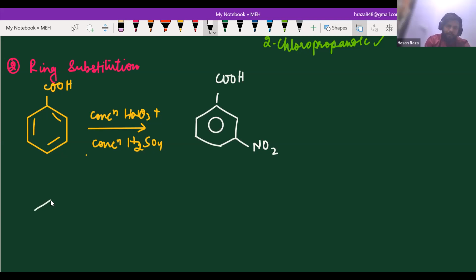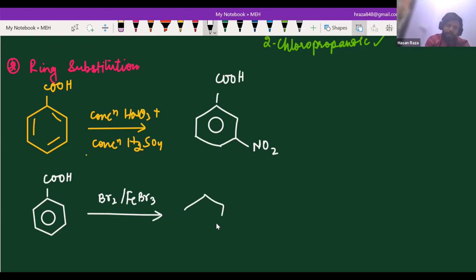In the same way, you can see this is your COOH. If you are going to react this with Br2 in the presence of FeBr3, there will be generation of an electrophile. Due to the presence of this COOH, which is a ring deactivating group, there will be deficiency of electrons at ortho and para.